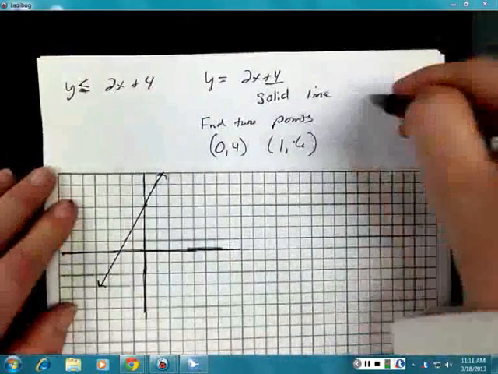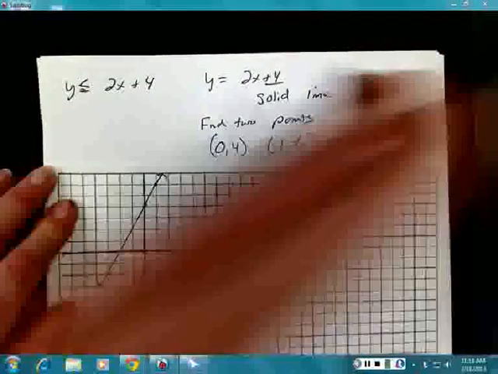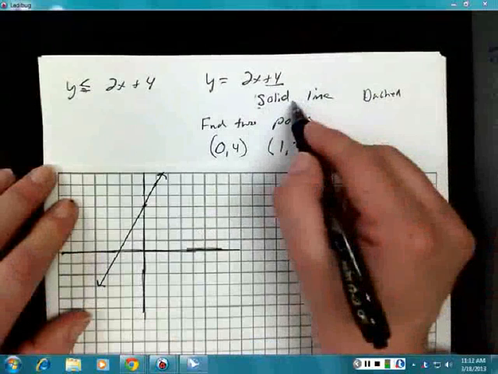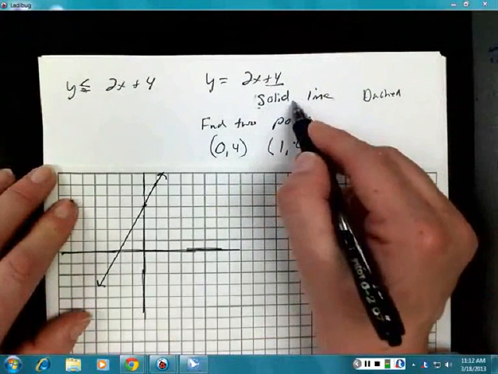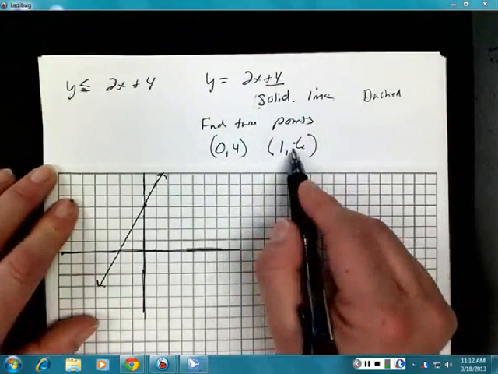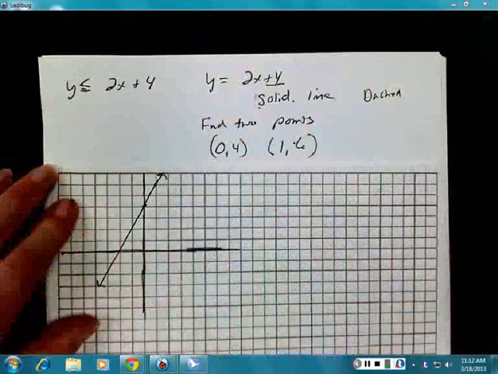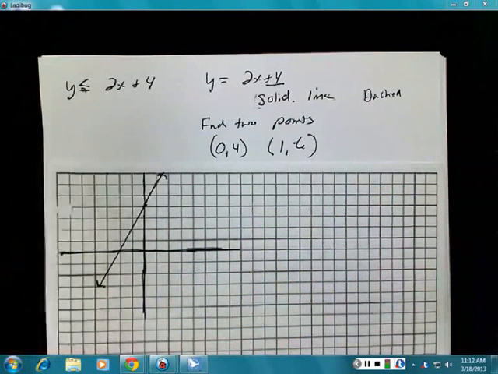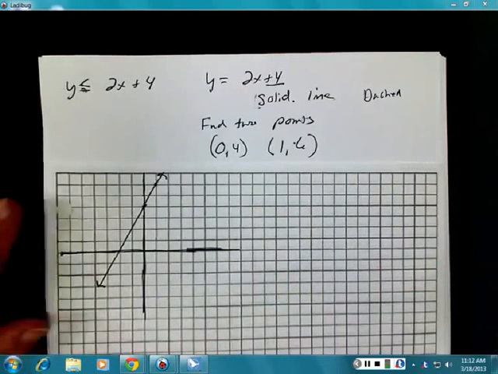It'll be a dotted line. And as soon as you click in Hawks, it'll say solid line or dashed, and it'll say which one you have in here. So if it's a solid line, you'll click on solid line and it'll put a box in there, so it knows when you find your points that it's going to put a solid line in your equation. And it'll automatically do that part.